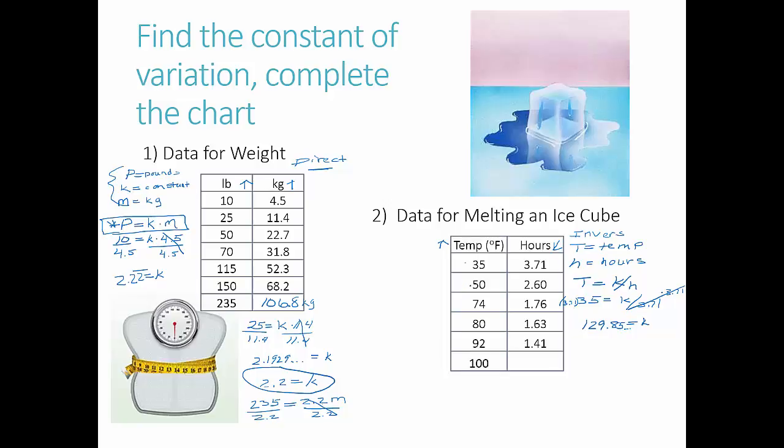Like the previous problem, we're going to repeat this calculation with the second pair of numbers. So my second pair of numbers, going back right up here to this variation equation, using that same formula every time. So temperature 50, K is what we were double checking, and our hours here are 2.6. So I'd multiply by 2.6 on both sides.